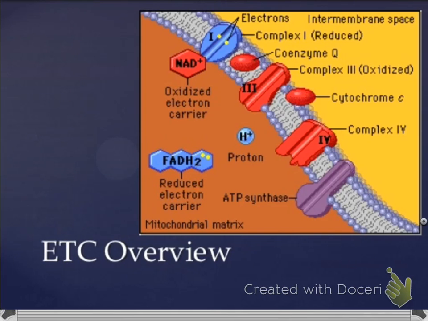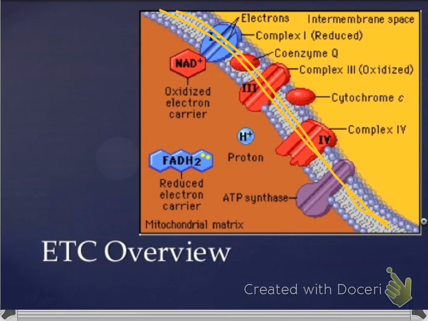So last then is your electron transport chain. Now this has lots of complexes and it shows all this crazy stuff. I just want you to know, big picture, this is the membrane of the mitochondria. Stuff has to exit, right? So think about it. Glycolysis takes place outside and Krebs cycle takes place inside.